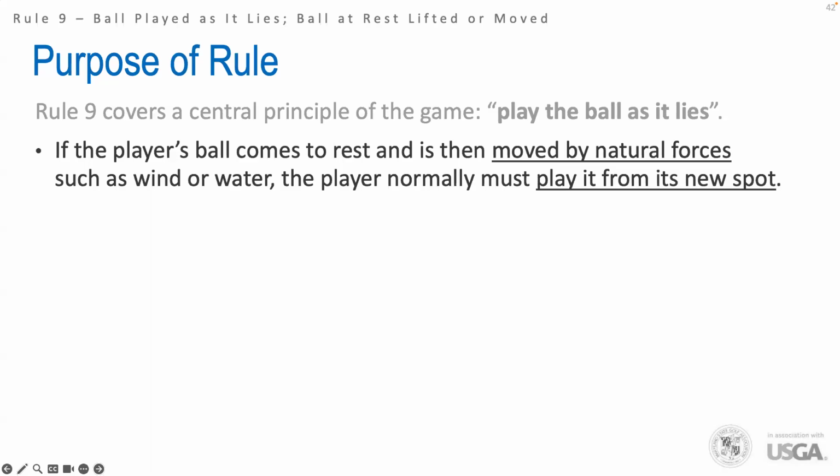Natural starts with an N. New starts with an N, obviously. So we're going to remember, oh, natural and new. That's how I like to think of things. Usually that's how we're going to do it. There are a few cases where we return it. But overall, if it's moved by natural forces, you're going to play it from its new spot.